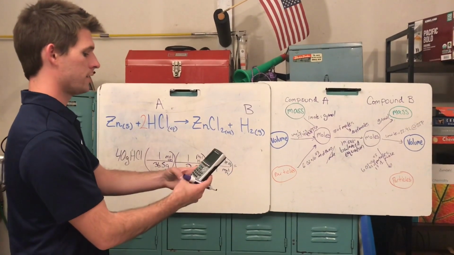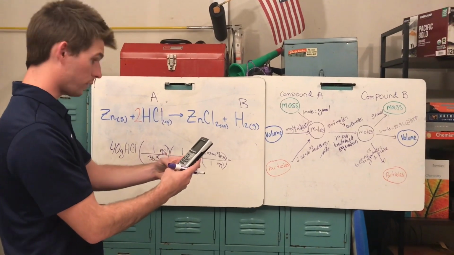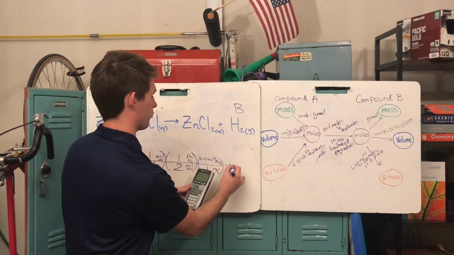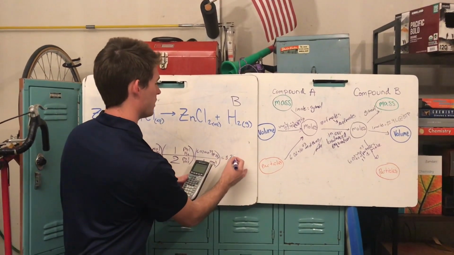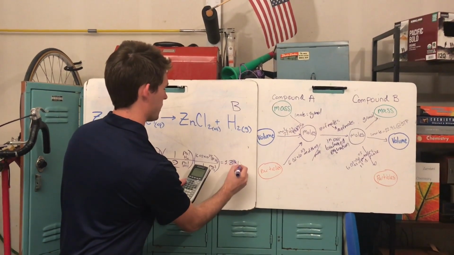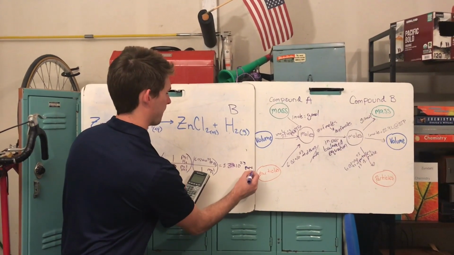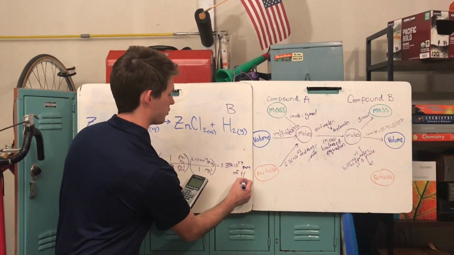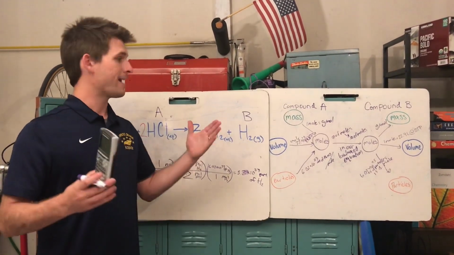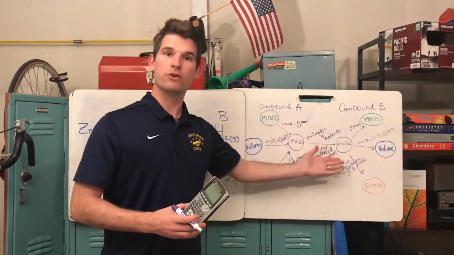So I press multiply, 6.02 second EE 23, and I get 3.29, well, let's just say 3.3 times 10 to the 23 particles of hydrogen gas. We get 3.3 times 10 to the 23 particles of hydrogen gas. And that's how you do each step. If we're going somewhere else, you use the different conversion factor.